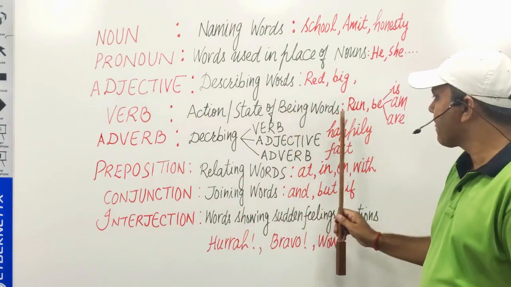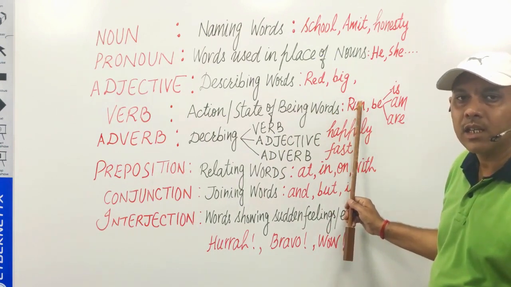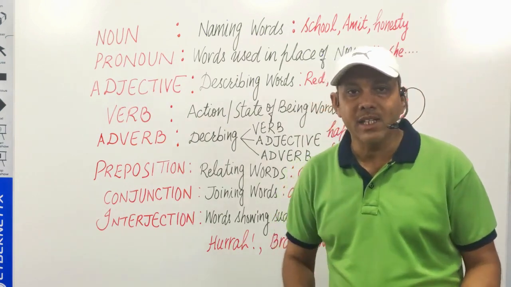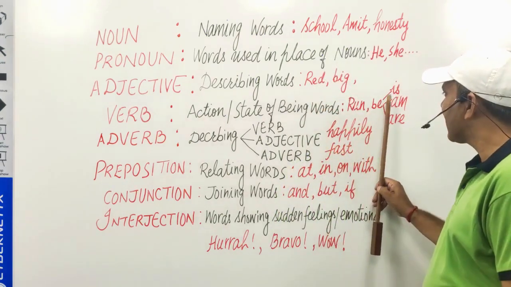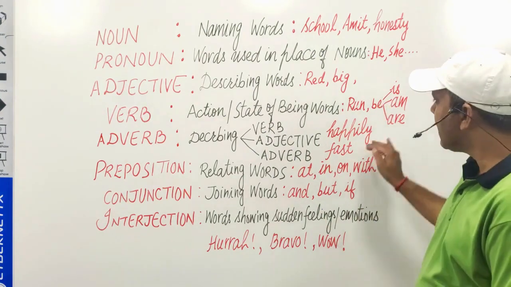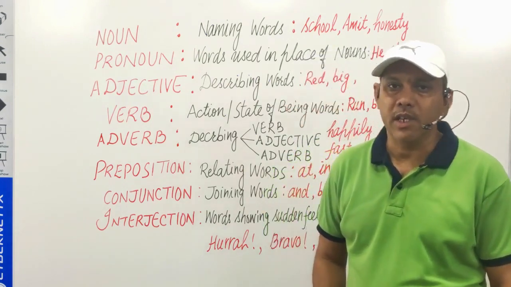For example, run. The boy is running. Running is the main verb here. I am a teacher. Here, am is a state of being verb, that is am, be, do, have. They become main verbs in the absence of main verbs in a sentence.